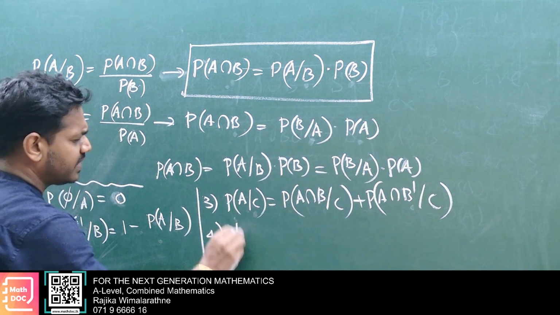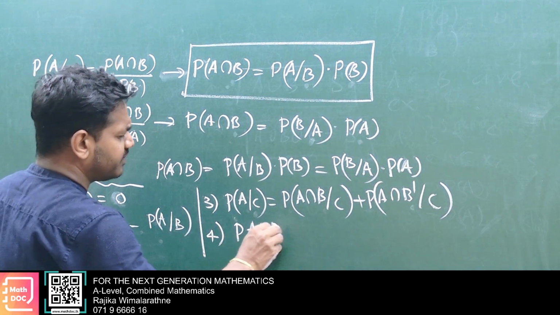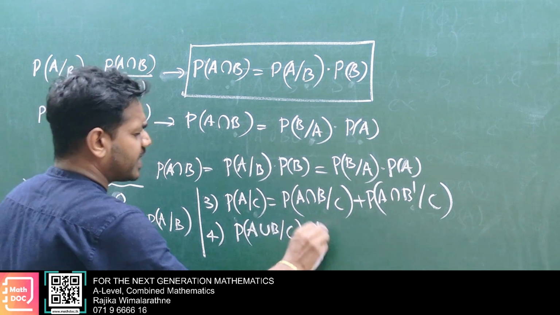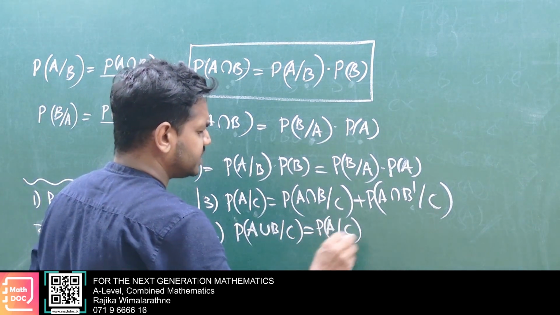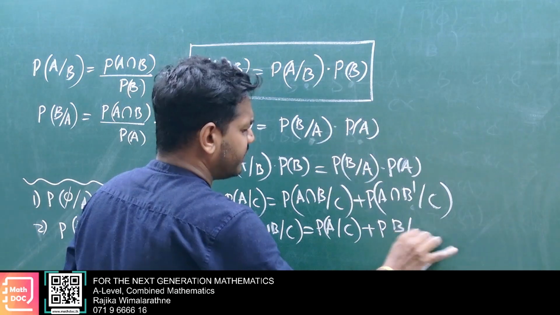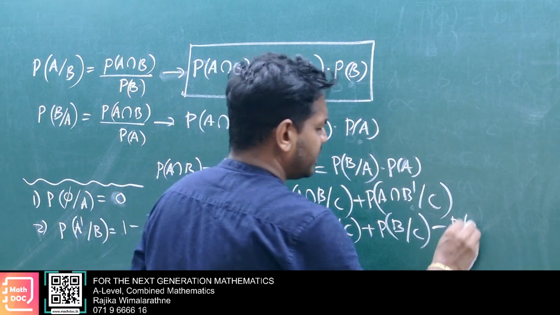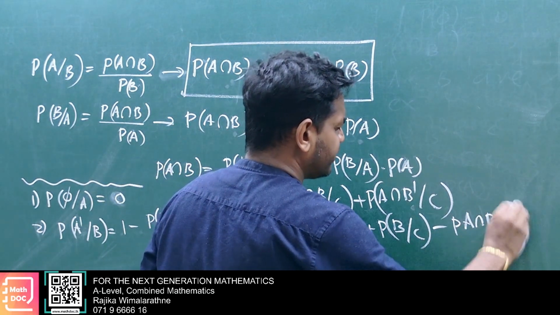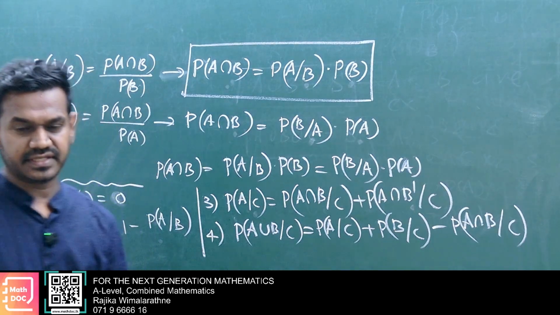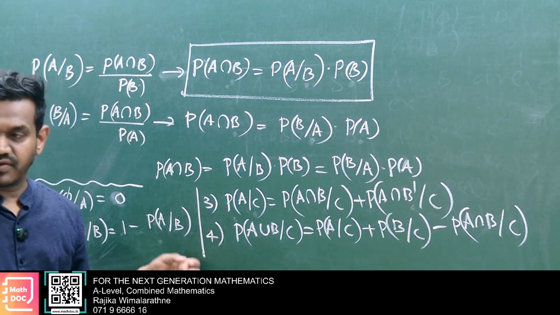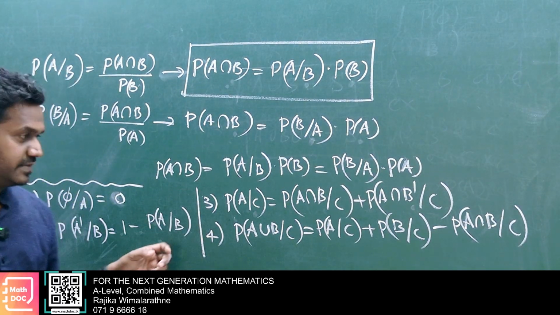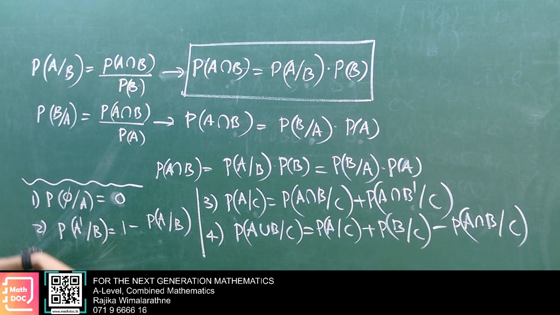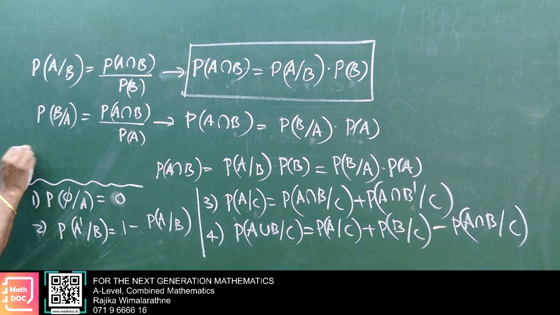Fourth, P(A union B given C): write P(A given C) plus P(B given C) minus P(A intersection B given C). Okay, these are all the previous theorems with a given condition. Better write them all. These are some theorems on conditional probability.